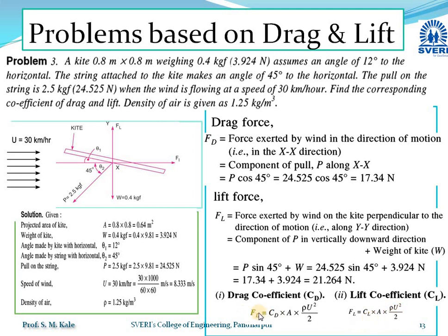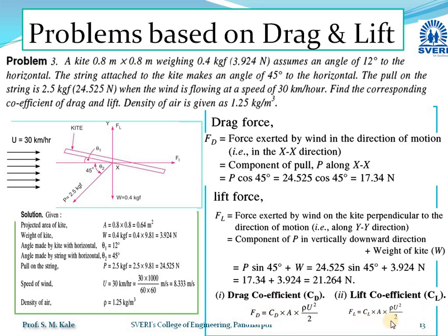So if I consider the formula for drag, the drag coefficient CD can be calculated as I know the value of FD. The value of FD I have calculated. The value of area I know, 0.64. Density of air I know. Velocity of the wind I know. So 2 is a constant. So automatically I will get the value of CD.